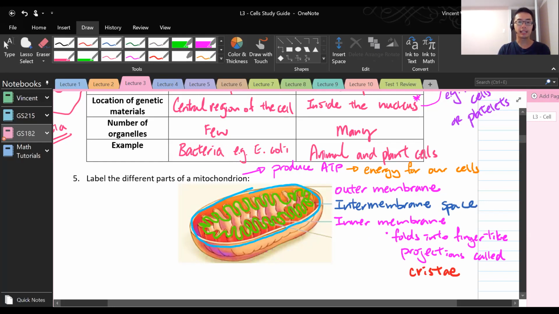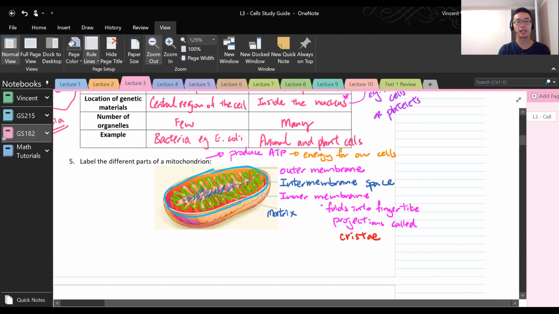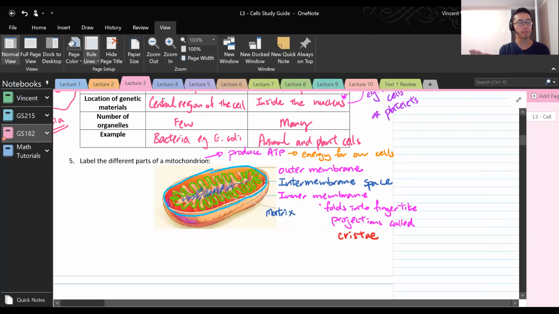And then inside the inner membrane, all this area right here is filled with another gel-like substance, and that is called the matrix. There are different functions associated with these various parts, and we will talk more about it when we get to the metabolism unit. Any questions so far?